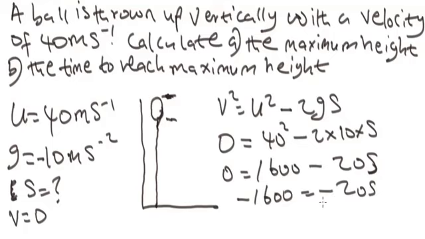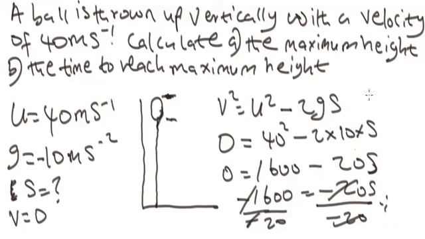You divide both sides by minus 20, so the negatives cancel. Therefore, our x will be 80. Our x will be 80 meters. This is the maximum height distance.